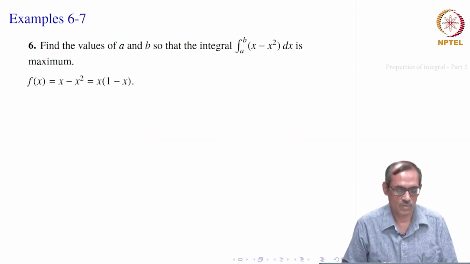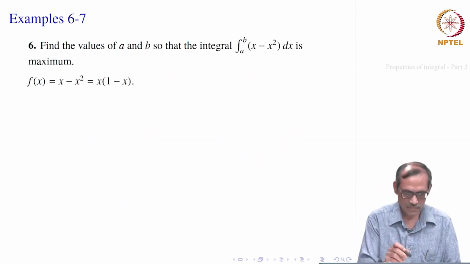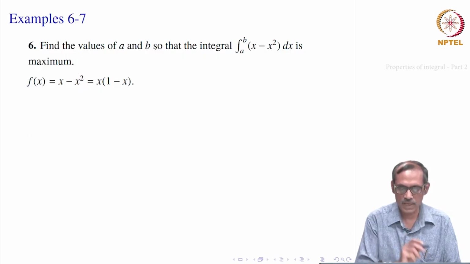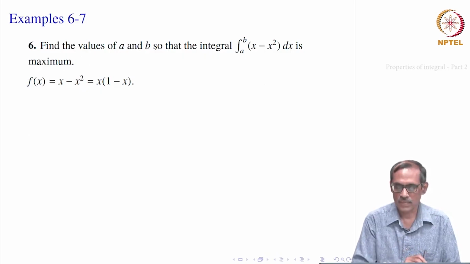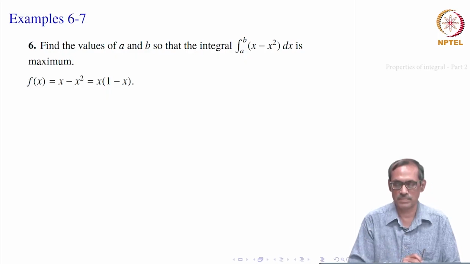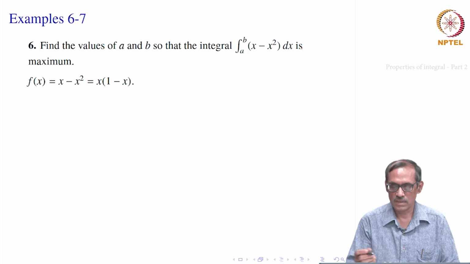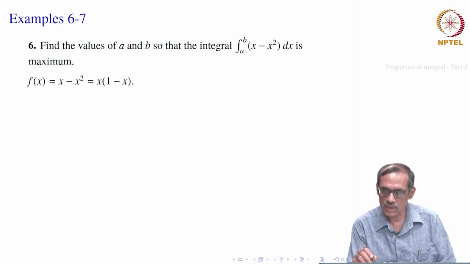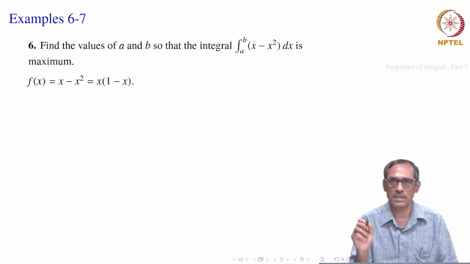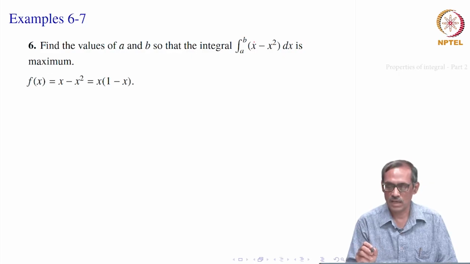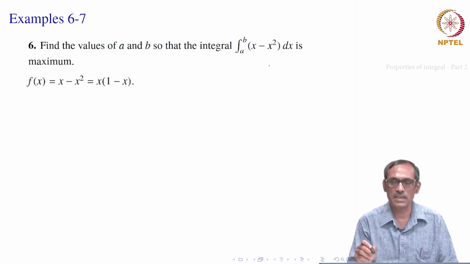So, let us take one more, say find the values of a and b, so that the integral from a to b of x minus x square dx is maximum. See what happens here is, suppose you have the interval a to b given, you take any function f of x, then the integral from a to b of f of x is a number, right.